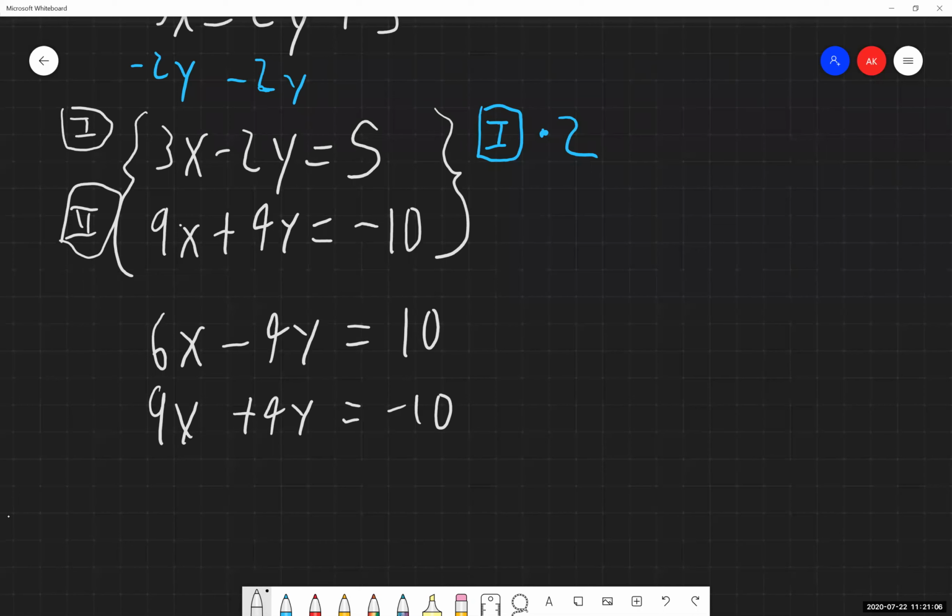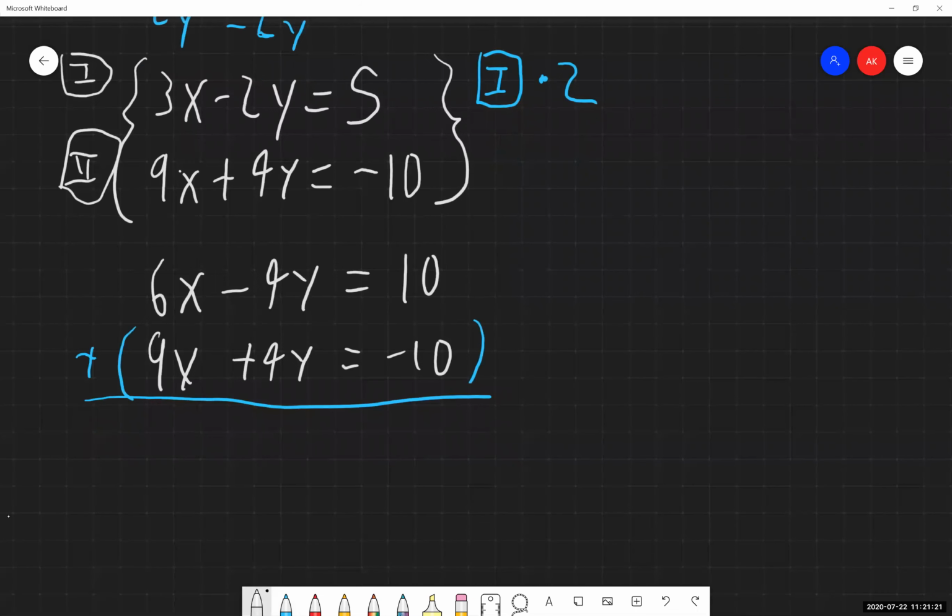Okay? So what that looks like is it means everything down here, my second equation, is going to add together. And again, you are adding vertically. Add the x's together, add the y's together, add the constants together, and we see what we get. So I have 6x plus 9x. It's going to be 15x.